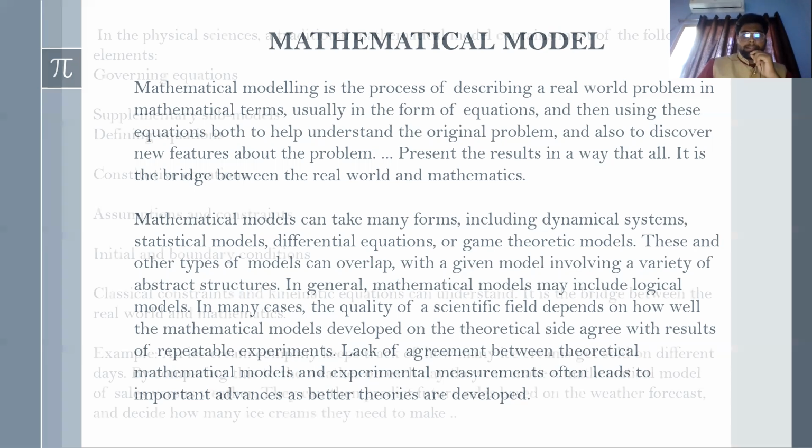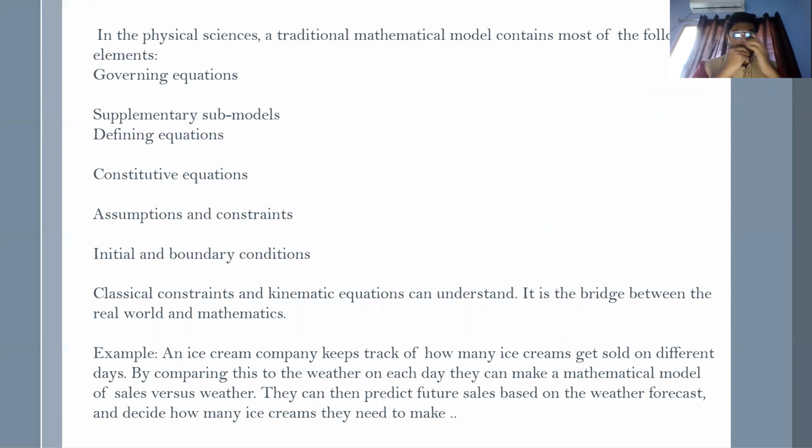In the previous slide we discussed the definition, how a mathematical model is useful, and what a mathematical model is. But in this slide, we will know about examples and conditions of the mathematical model.